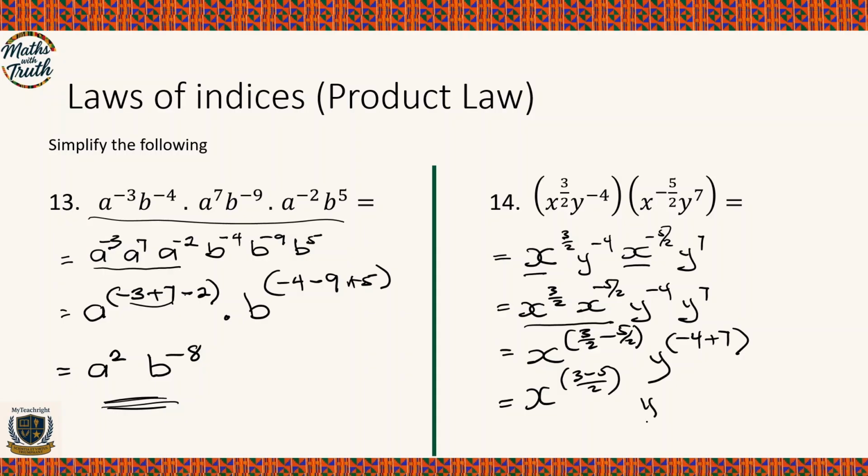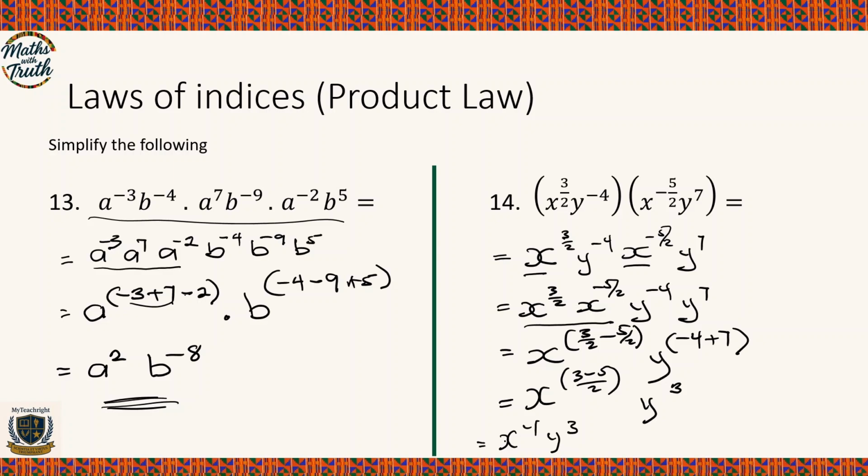And then we have y exponent negative 4 plus 7. That will give you positive 3. And so here we have x exponent, here will be negative 2 over 2, which then gives you negative 1. And then we have y exponent 3.